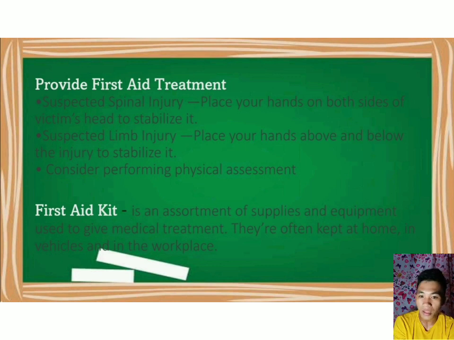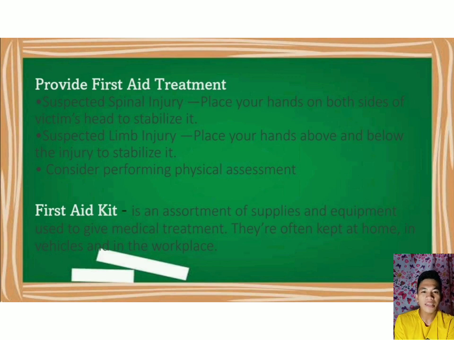Next, first aid kit. So first aid kit is an assortment of supplies and equipment used to give medical treatment. They are often kept at home, in vehicles, and in the workplace. So ang first aid kit naglaman sa mga equipment nga magamit nato kung mag-treatment sa usa ka person nga na-aksidente, no?